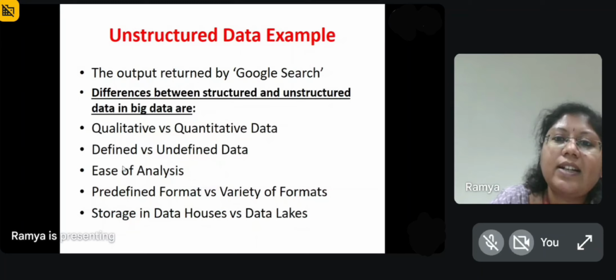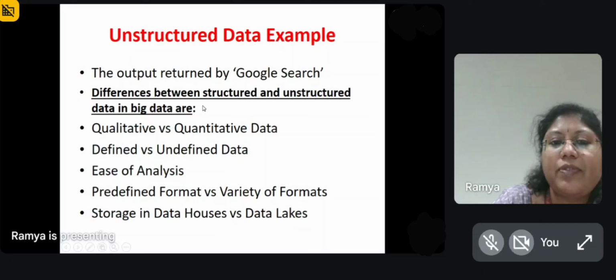An unstructured data example is the output returned by Google search. If I'm giving something in the Google search and pressing the search button, immediately it will be retrieving it in the format of images, or videos, or links. So all these things are considered to be examples of unstructured data.